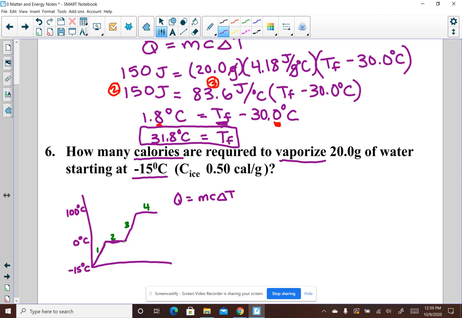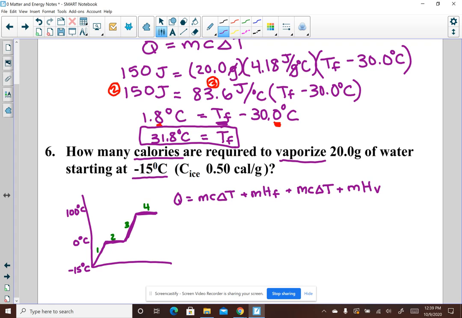During section 2, I'm melting, so I'm going to use MHF. During section 3, my temperature is changing again, so another MCAT. During section 4, I'm boiling or vaporizing. So I have to use all those formulas and add together all 4 of those sections.